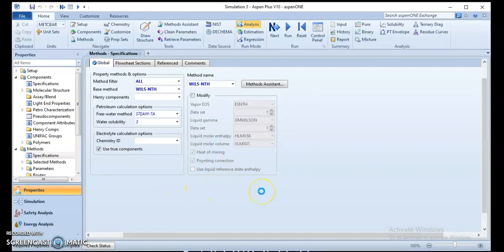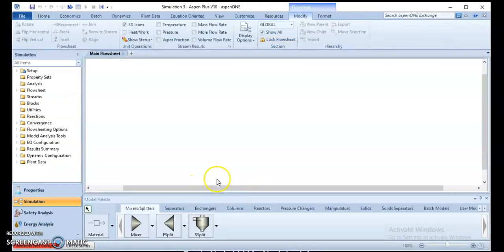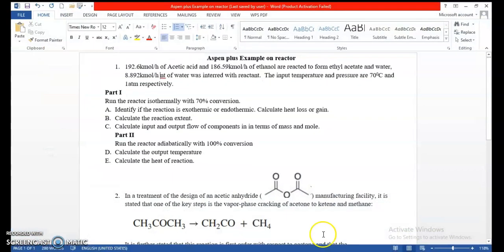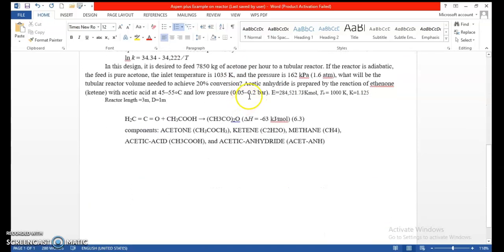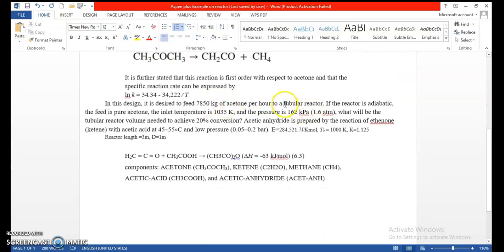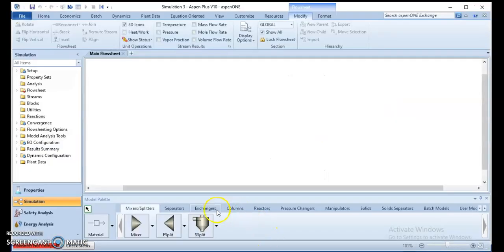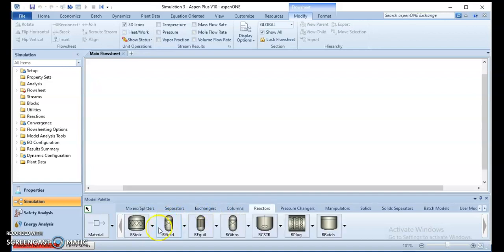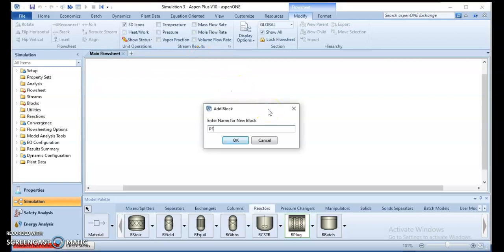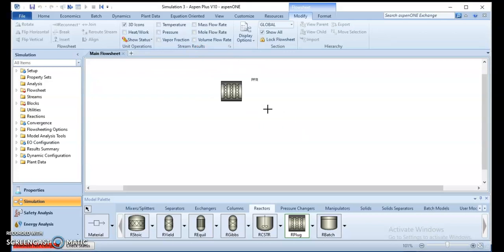We are told that our process is being held in a plug flow reactor. The tubular reactor means that's a plug flow reactor. Let's go to the reactors, and from the reactor alternatives we can select the plug flow reactor.